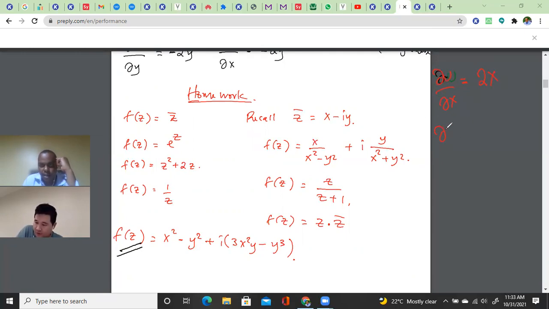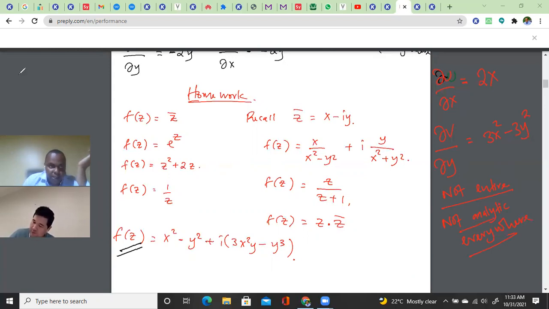And then we did a dv dy, which was 3x squared minus 3y squared. So what was the conclusion? This function is not analytic because they're not equal. It's not entire. That is, it's not analytic everywhere.